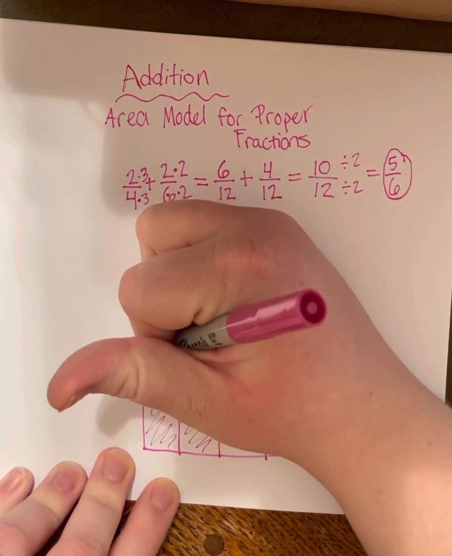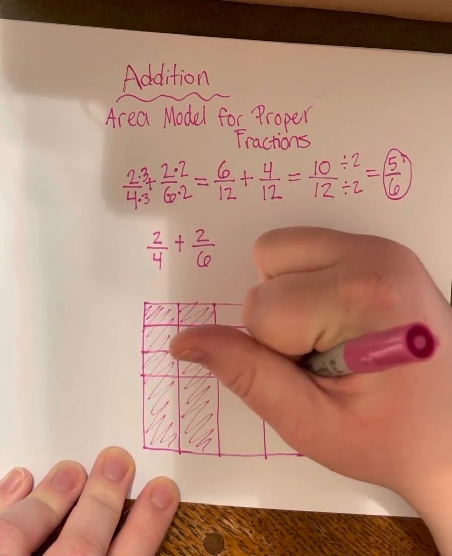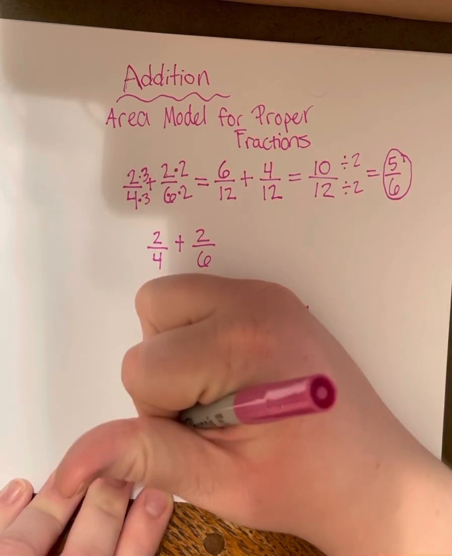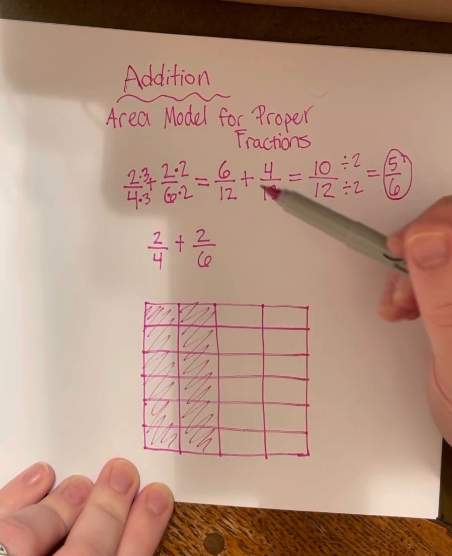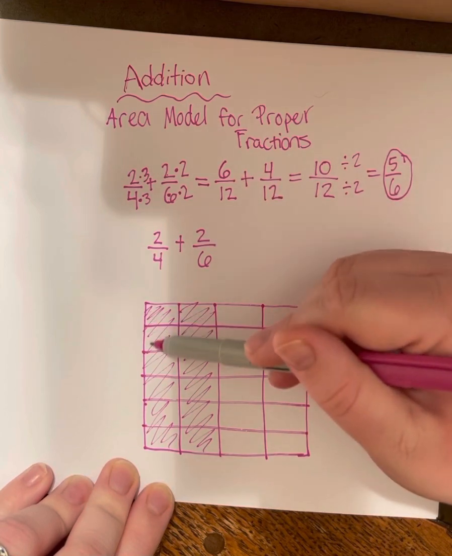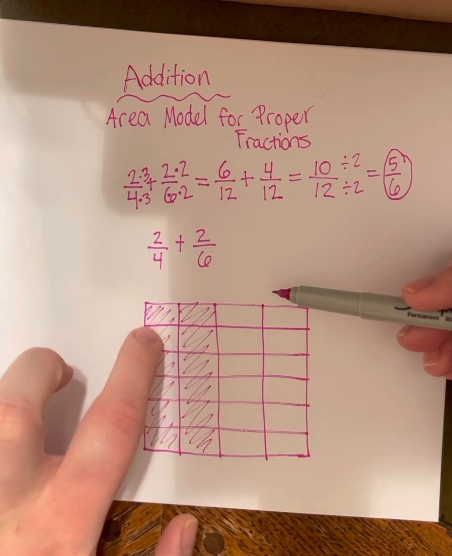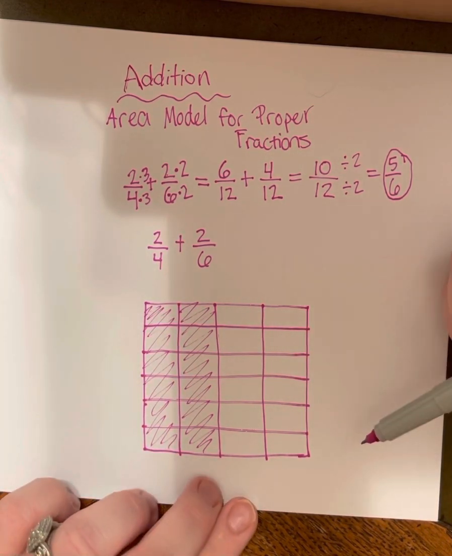So 1, 2, 3, 4, 5, 6. Okay? And instead of going ahead and coloring in over top of these 4 boxes, we want to make sure that we're adding extra boxes.